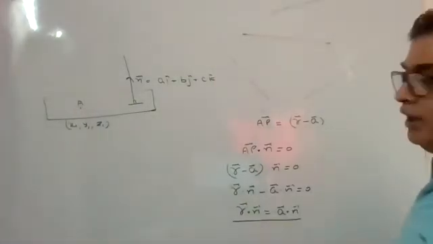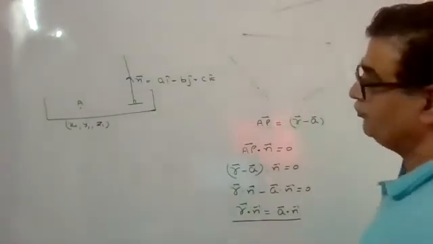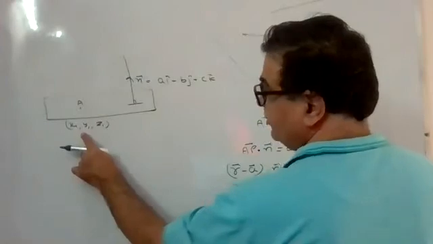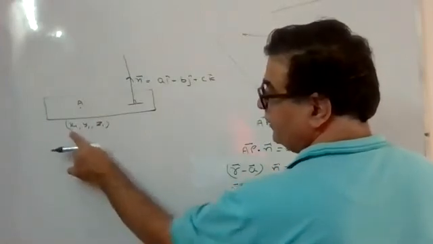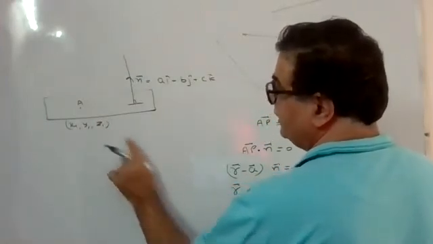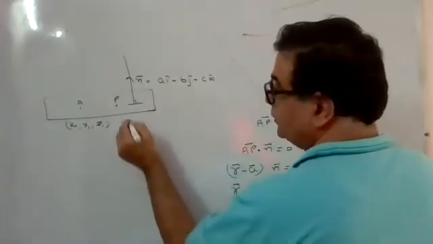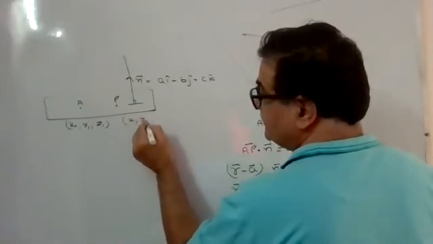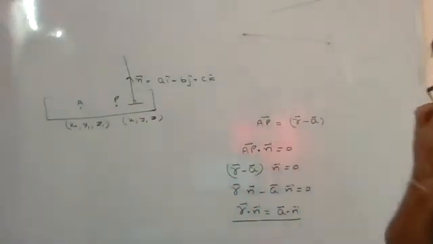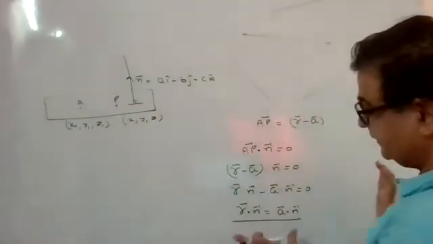So now if you want to convert this into Cartesian form, I know what A is: x1i plus y1j plus z1k. The normal is already there, and P is a general point with coordinates x, y and z. Now convert it into Cartesian form.